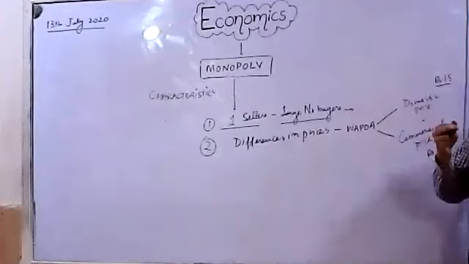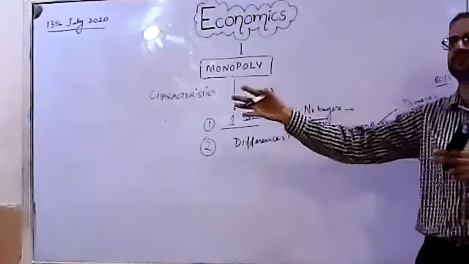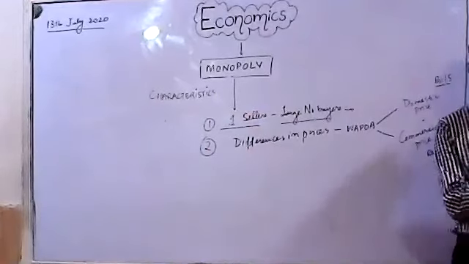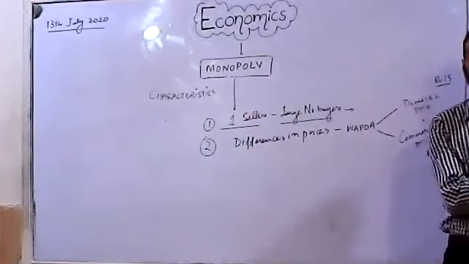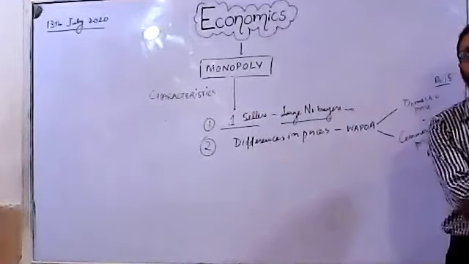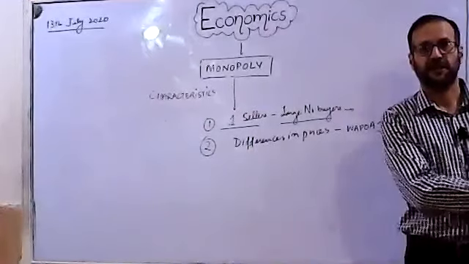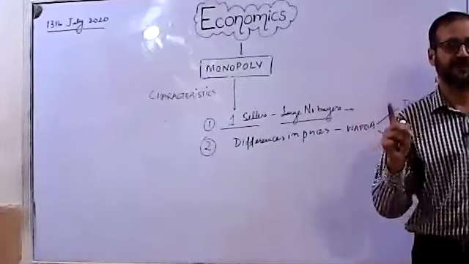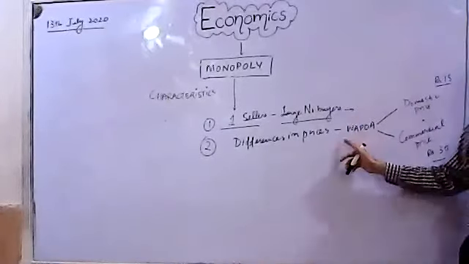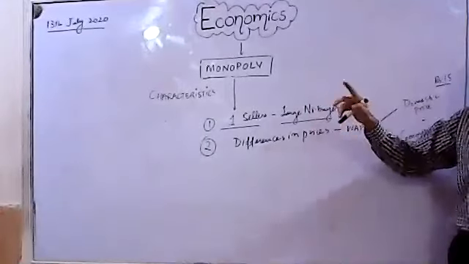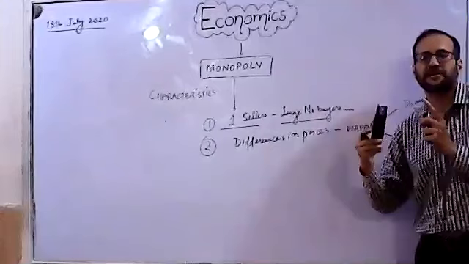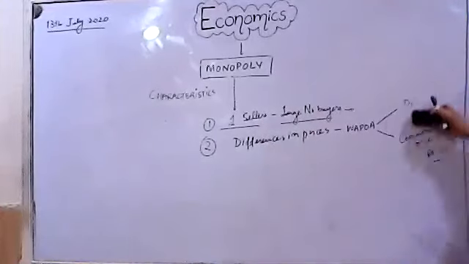A doctor can charge a higher fee from a rich person or a high income earner, but give a little advantage to a low earner or poor person by charging a lower fee. So you see, a monopolist can charge different prices. This is another characteristic that distinguishes them from perfect competition.